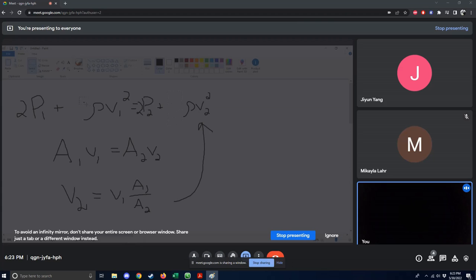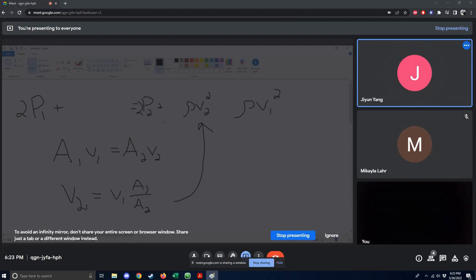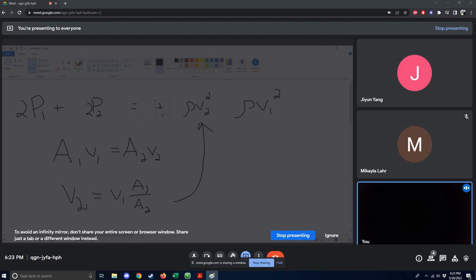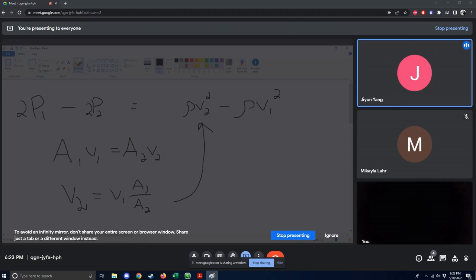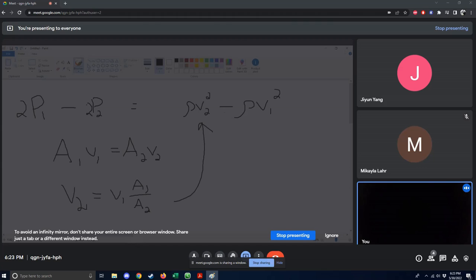I can move these terms over, so I can move this term over to here, this term over to here, turn these into subtraction. Pull out, factor out the 2, factor out the rho, and then you can start to see how it's going to end up looking like what they give us.